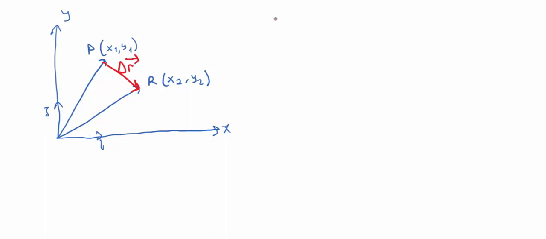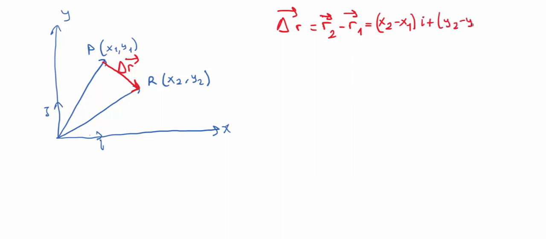Okay? And delta r is equal to r2 minus r1 vectors. And that is equal to (x2 minus x1) i plus (y2 minus y1) j, and this equals delta x i plus delta y j.